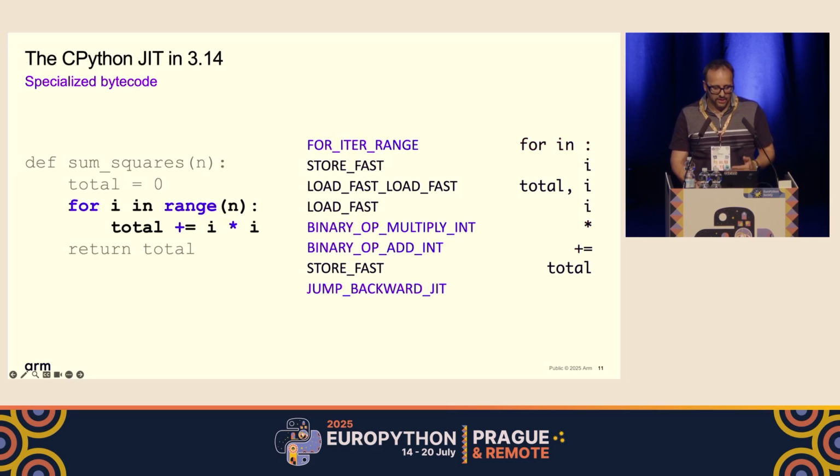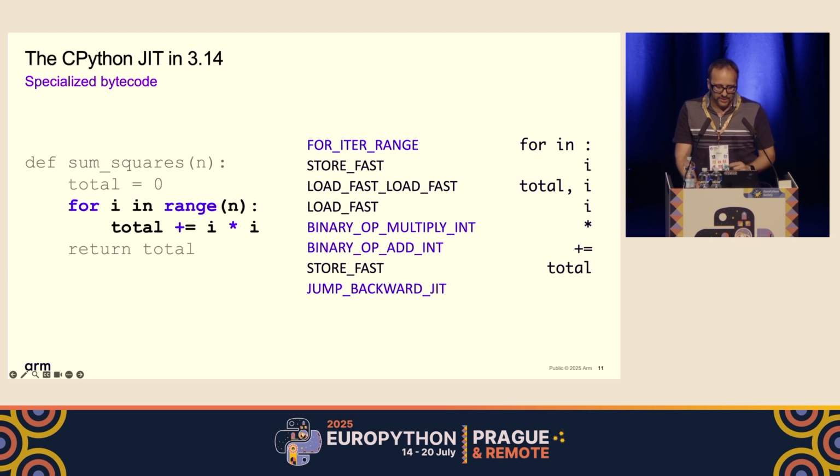In this case, BINARY_OP multiply has been replaced with BINARY_OP_MULTIPLY_INT, and BINARY_OP plus equal with BINARY_OP_ADD_INT. And FOR_ITER might become FOR_ITER_RANGE because we are assuming that we are iterating over a range object.